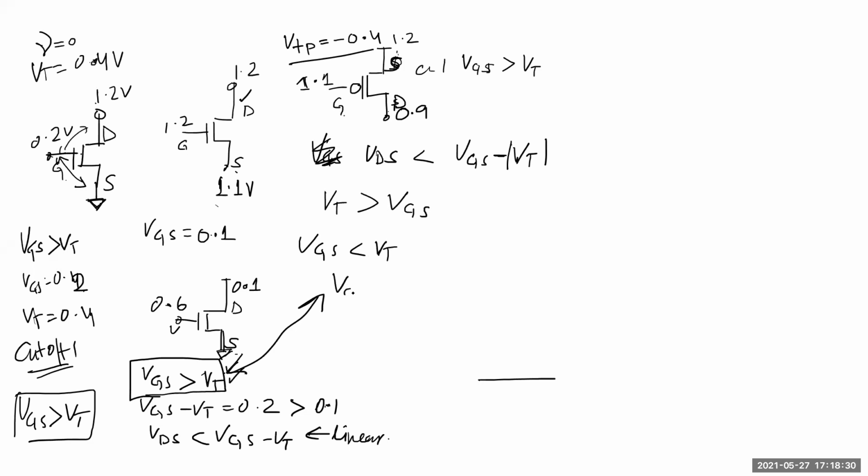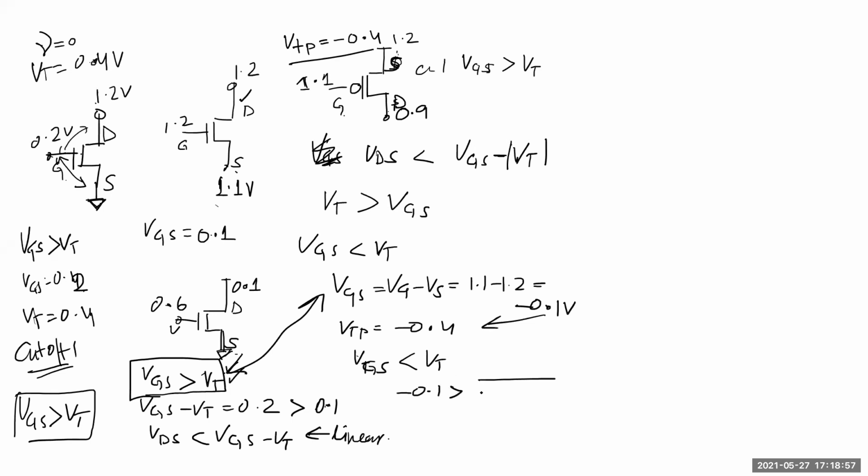And so VGS would be equal to VG minus VS, which is 1.1 minus 1.2, equal to minus 0.1, right? And VTP, I said, is equal to minus 0.4 volt. You're right, the condition is VGS should be less than VT because it's a negative number, but VGS is actually greater than VT because minus 0.1 is greater than minus 0.4. Okay, good.